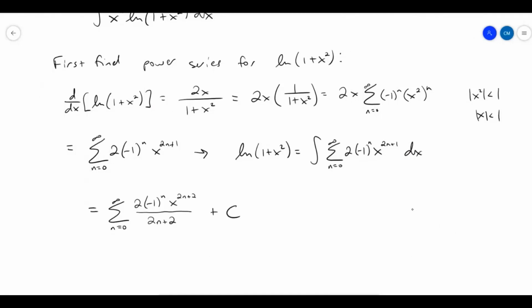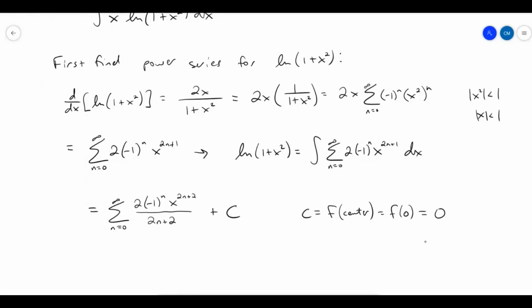And remember that c is equal to f of the center of the power series. In this case, the center of this power series is 0. And so we come back up and look at what f of 0 was. Well, if I plug 0 into that function for x, you get ln 1, right? Well, ln 1 is in fact 0, and so c is equal to 0 here.